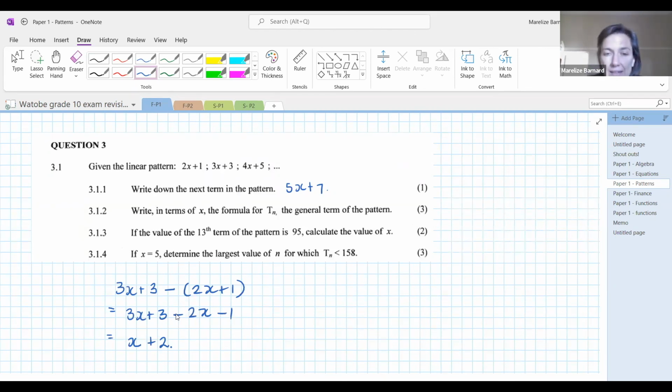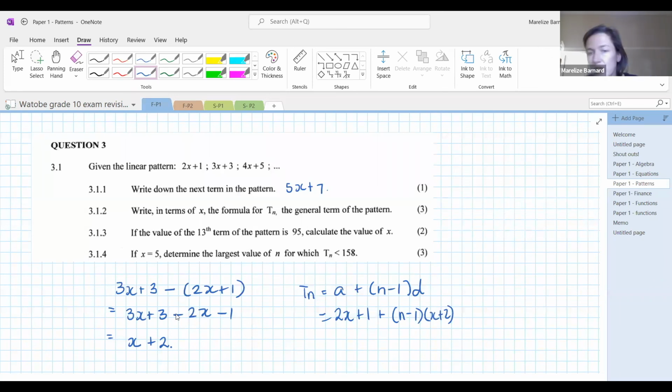And if you put that into the Tn formula, whichever one you learned, so if you learned a plus n minus 1 d, then your a is your first term, so that's 2x plus 1, and n minus 1 is part of the formula, and then d is your constant difference, that's x plus 2.